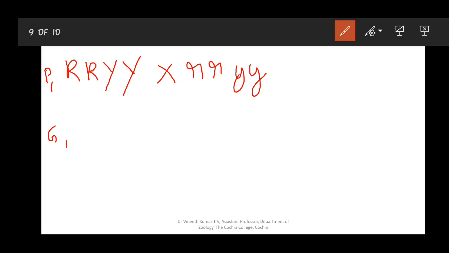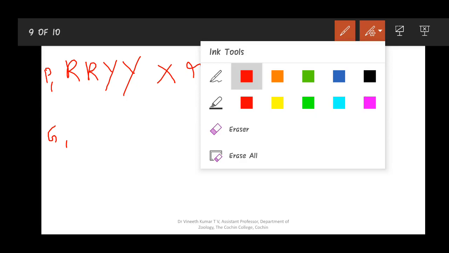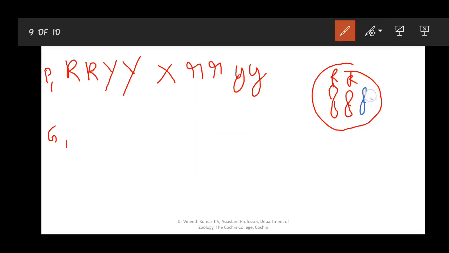If we are taking a cell, we will be having, as we said yesterday, 2 homologous chromosomes for capital R, and another 2 homologous chromosomes for capital Y. So I am taking it that the round gene is present here and the yellow gene is present in another chromosome at a different position.